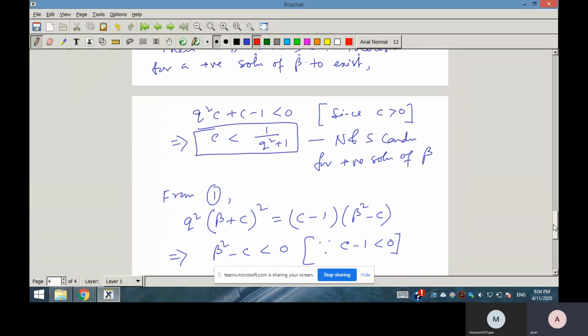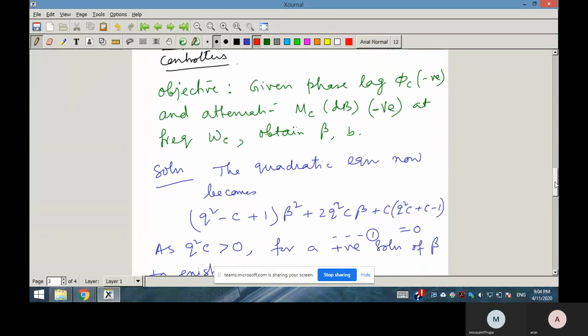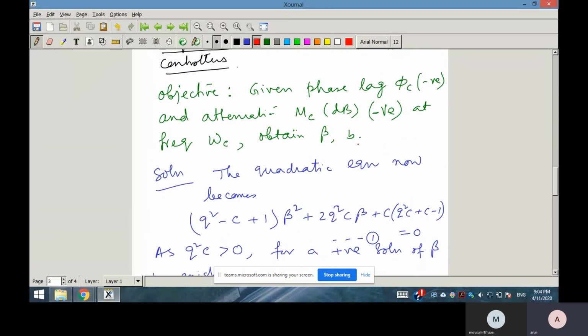If it satisfies, then what will you do? You will solve this equation and you will take a positive value of beta, because a positive value of beta will automatically guarantee it will be less than 1. So once you get the positive value of beta, you can obtain beta. Now the remaining is b.